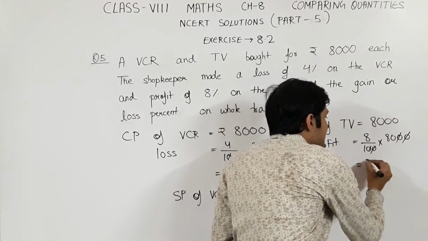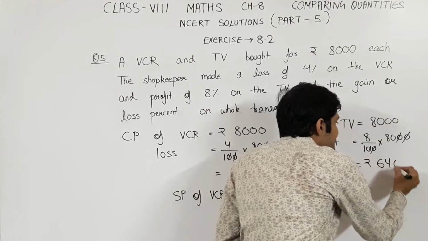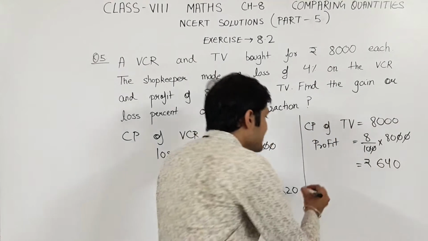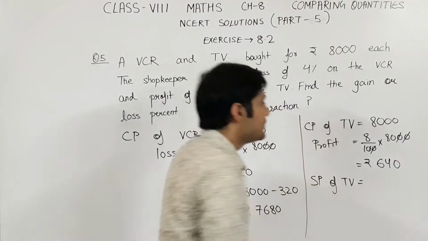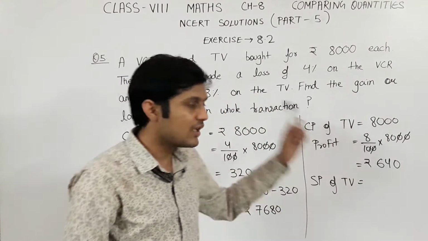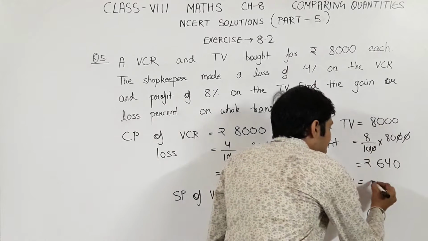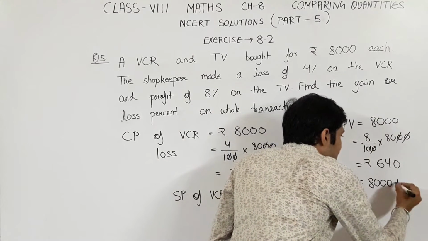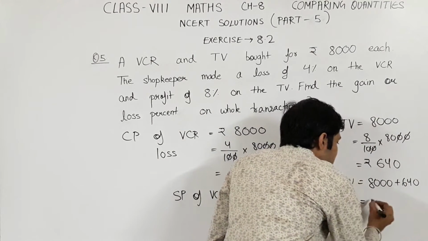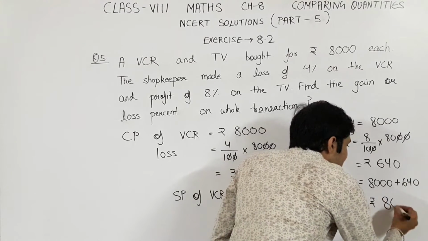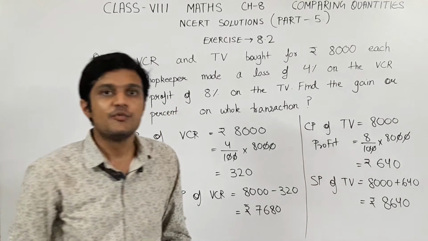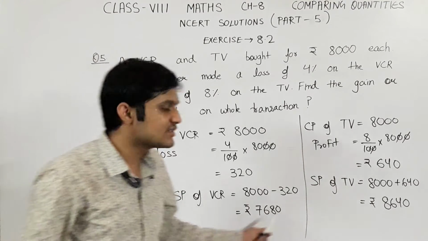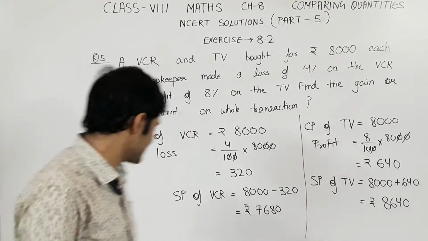That will be 80 into 8, rupees 640. Now again the selling price of television. Selling price will be cost price plus profit. So 8,000 plus 640. This will be rupees 8,640. So in this way we have calculated the individual selling price of both the things.